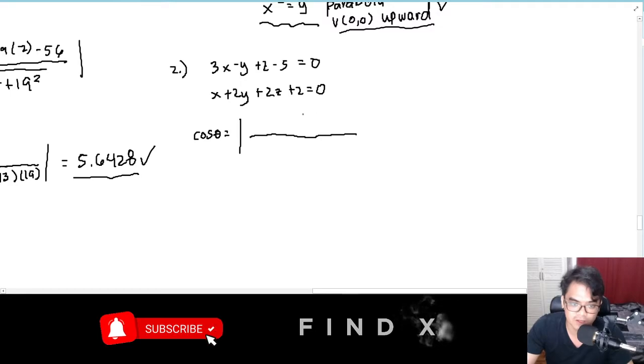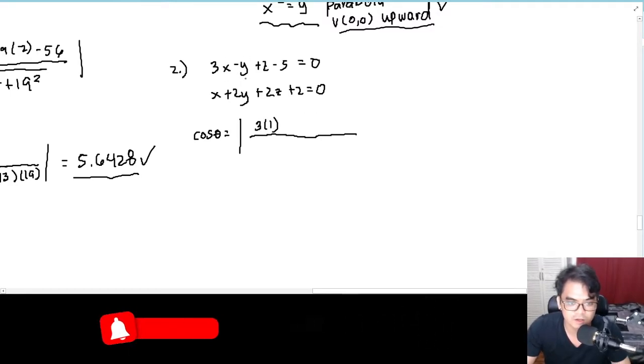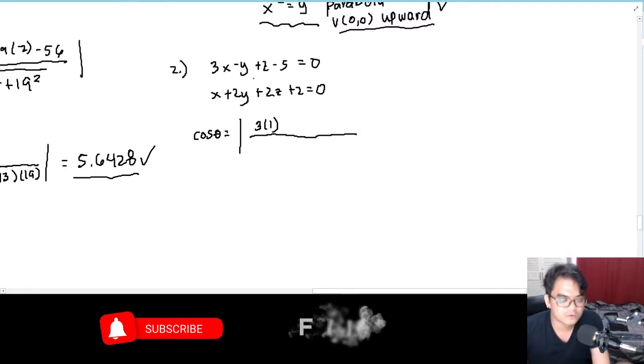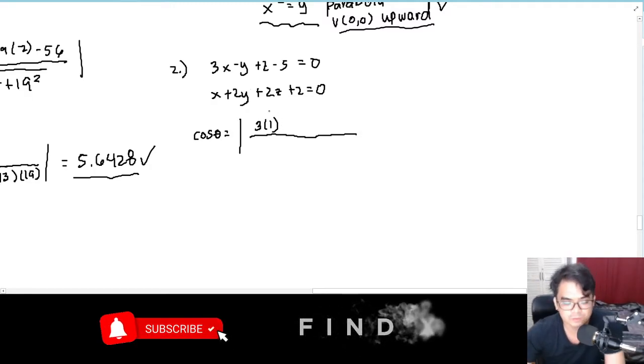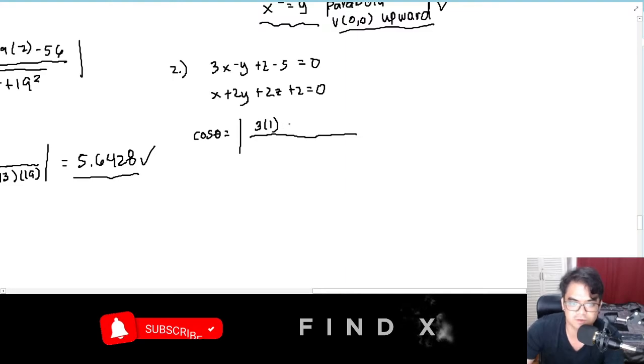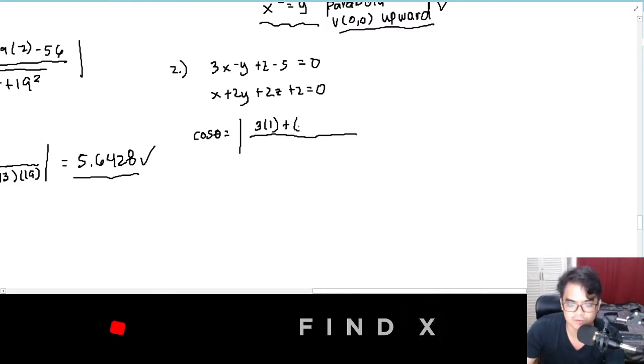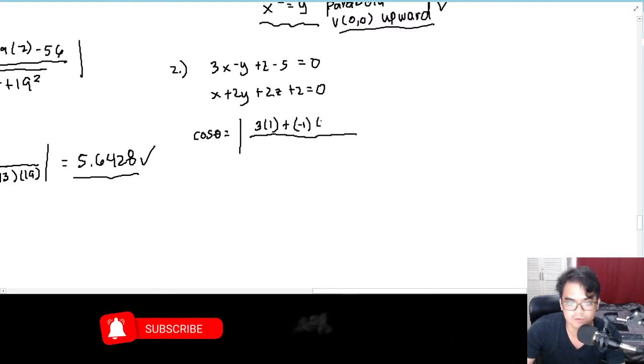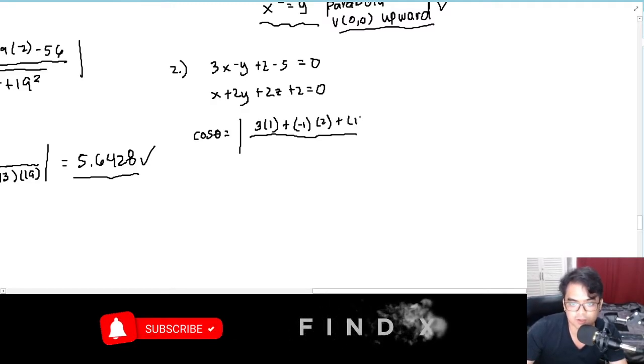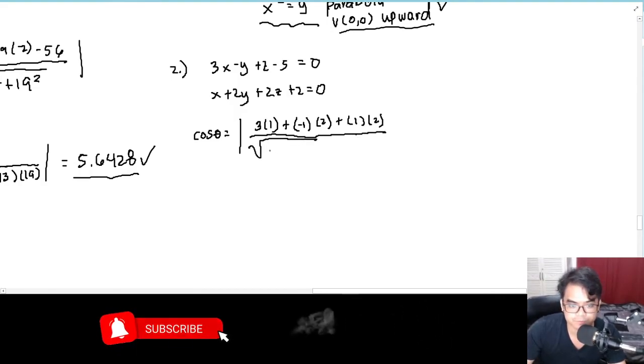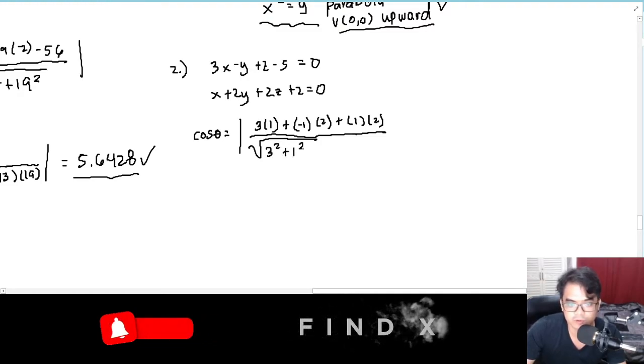products of a's. So that will become 3 times 1, right? So we already have the equations 3x minus y. So all you have to do is just multiply the coefficients, okay? And then plus, this is negative 1 times 2, and then plus 1 and 2, all over square root of 3 squared plus 1 squared.